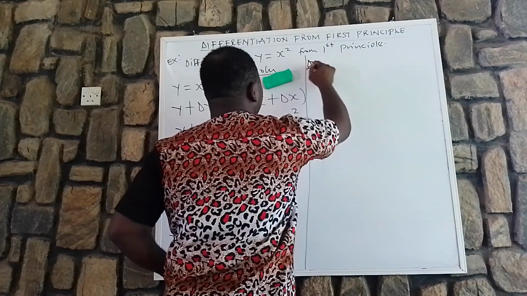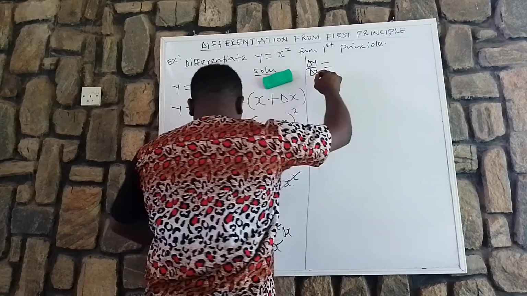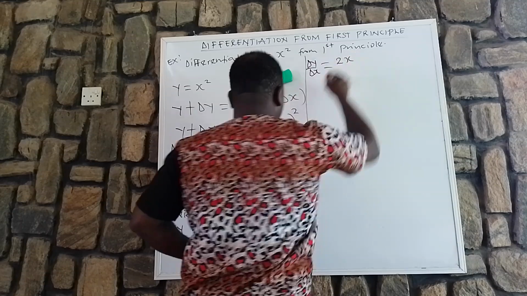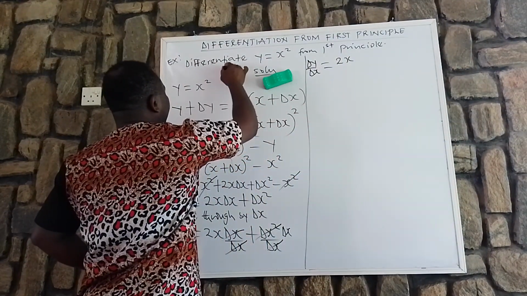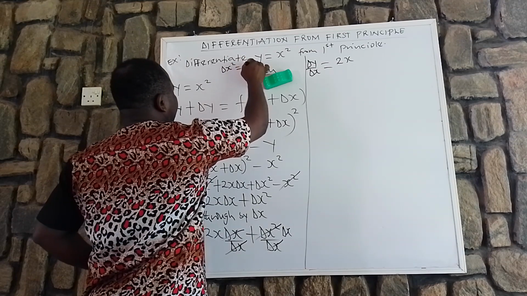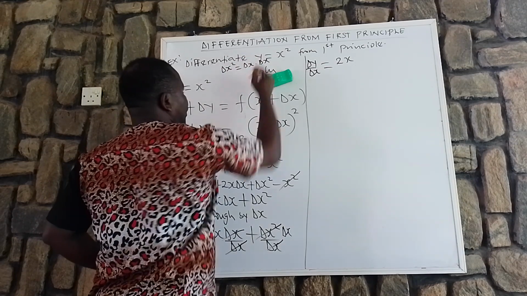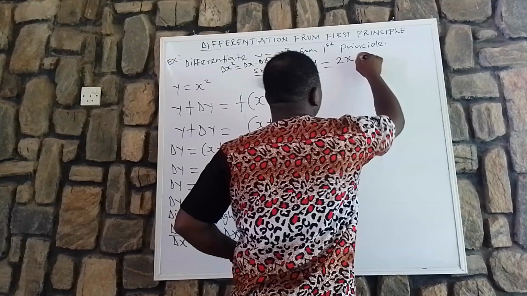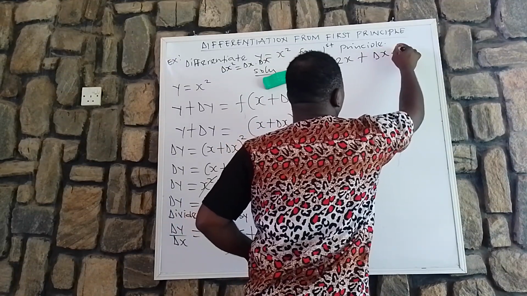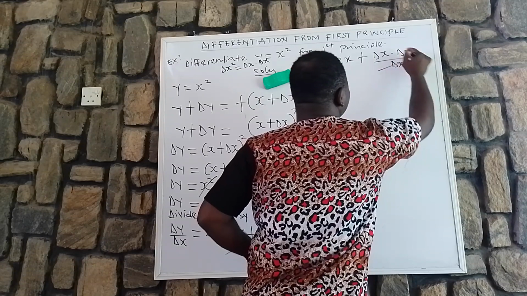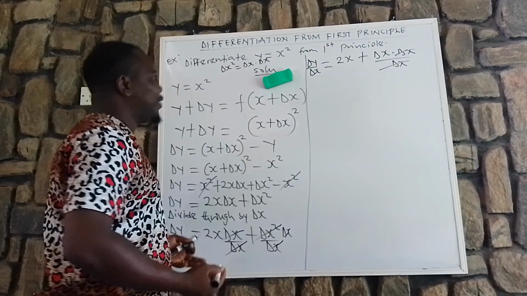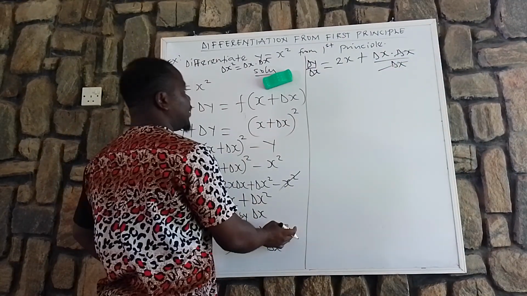Our dy all over dx is equal to 2x. Note that if we have dx squared, this is the same as dx times dx, true or false? So let's do it this way: dx times dx all over dx. So this and this will go. You discover that we'll be left with dx.